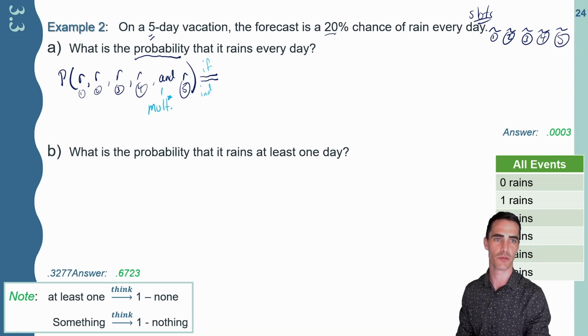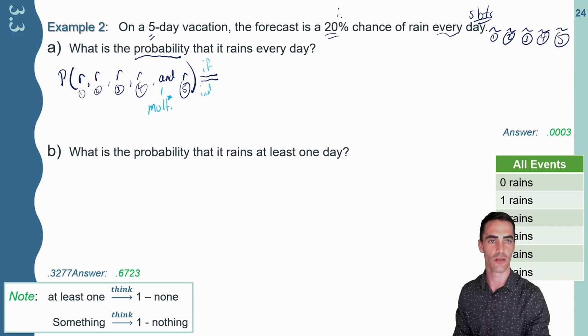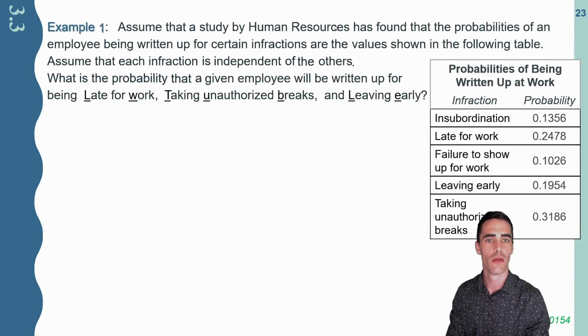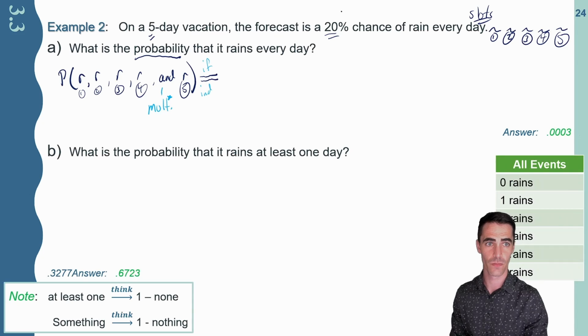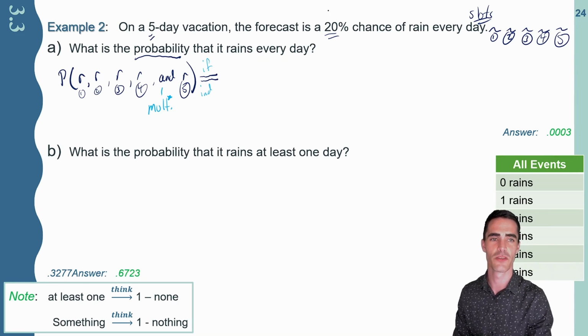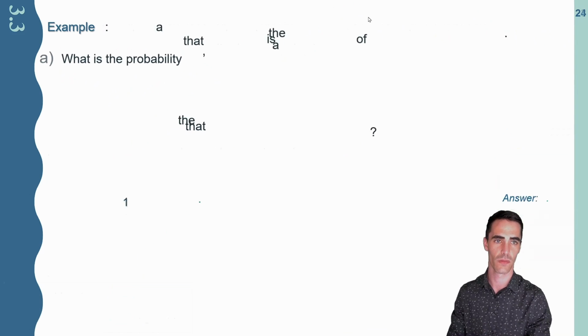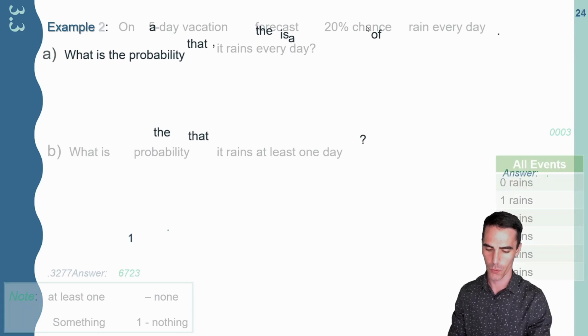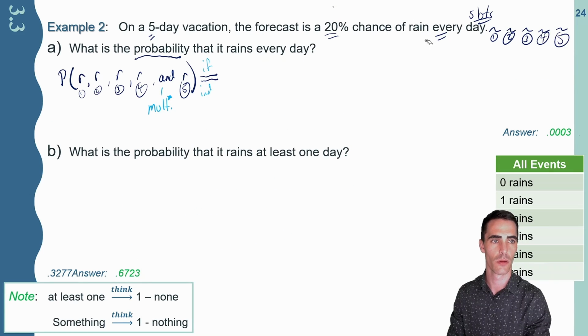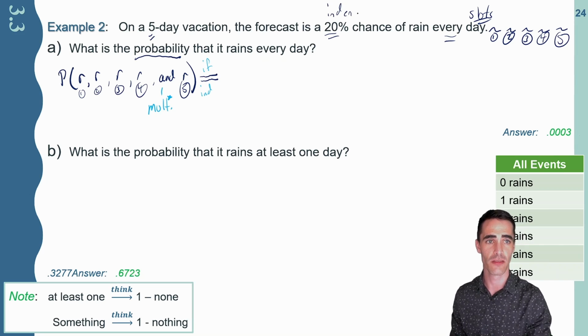Notice up top it says the forecast is 20% chance of rain every day, meaning this 20% chance is independent and the same every time.